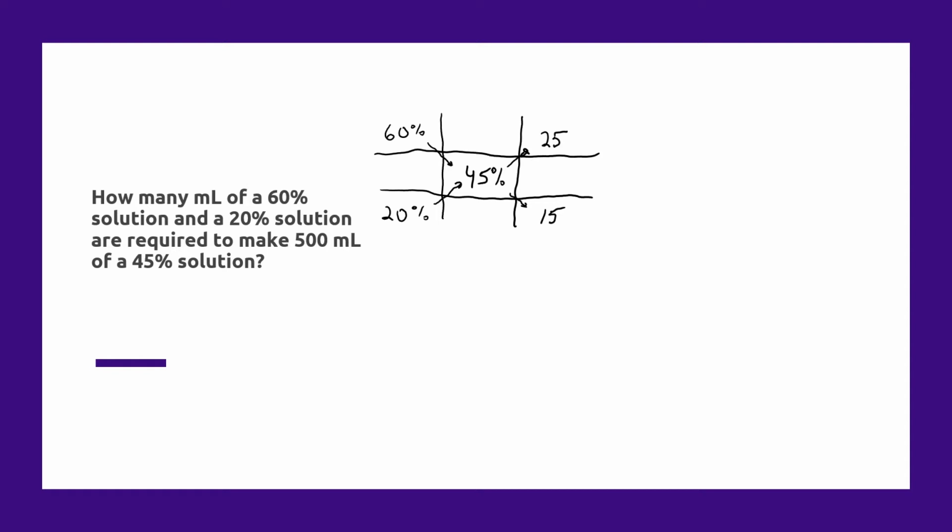All right, so what these two numbers on the right tell us are, in the case of the upper, 25 parts of 60% solution for every 15 parts of 45% solution. So that means we have a total of 40 parts.